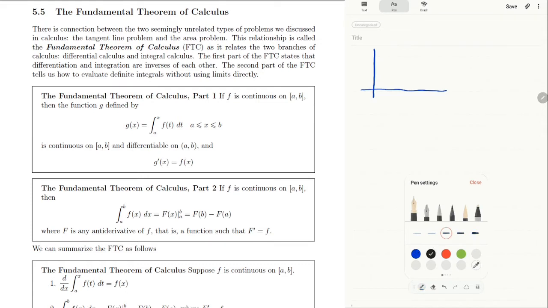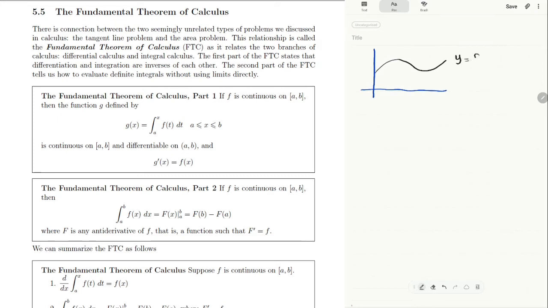So suppose we have some function y is equal to f of x, and it's continuous on the interval from a to b.